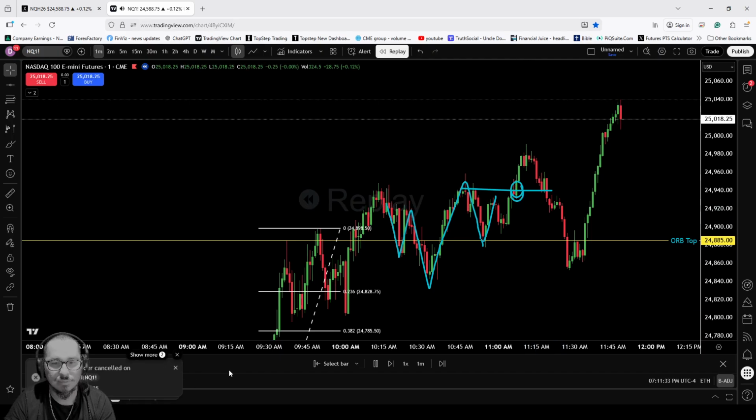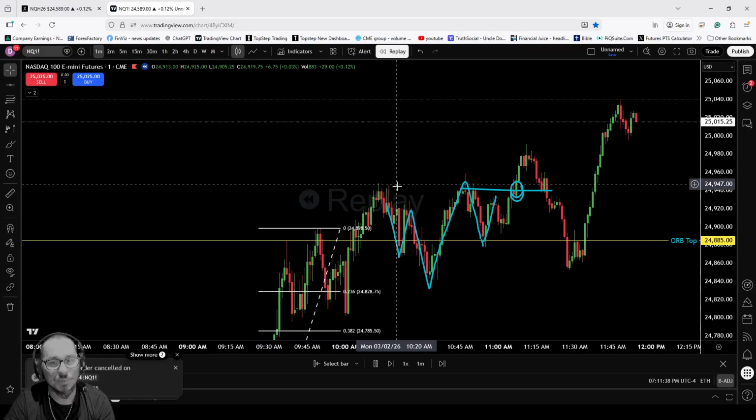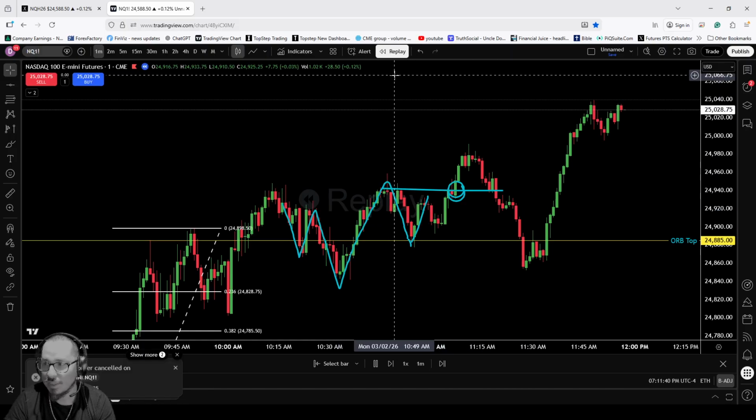And there you go, guys. That's as simple as it gets. It's not going to always be perfect, but that's how you would do your analysis of a breakout and retest.